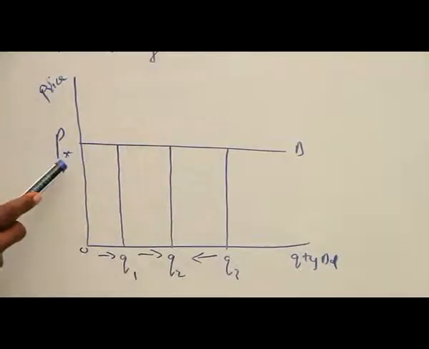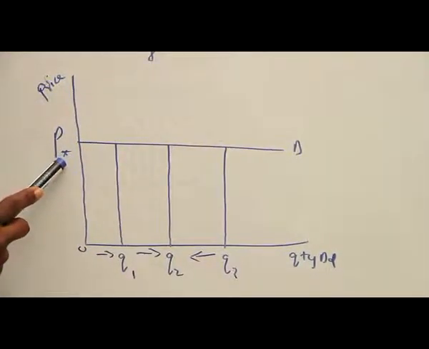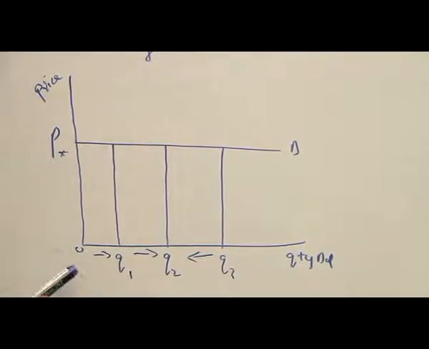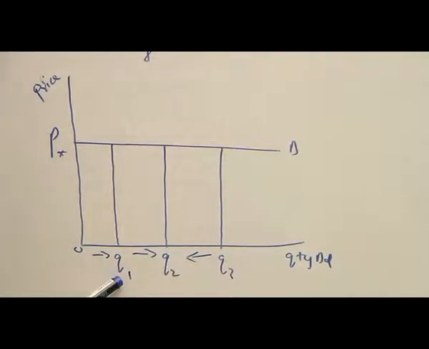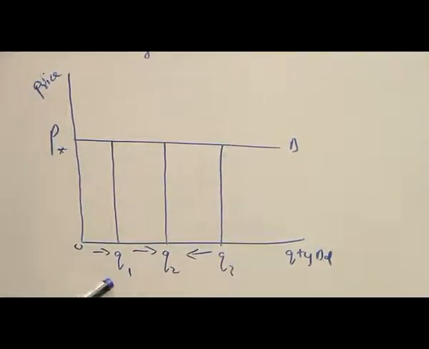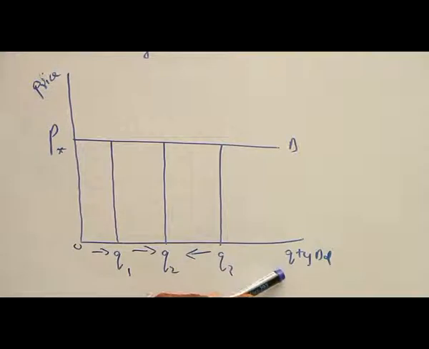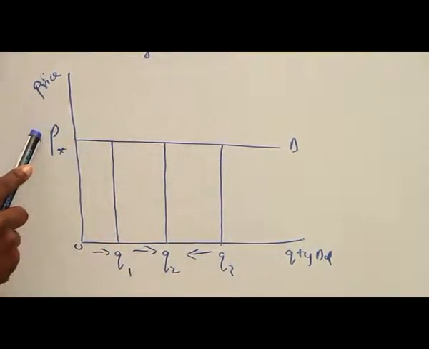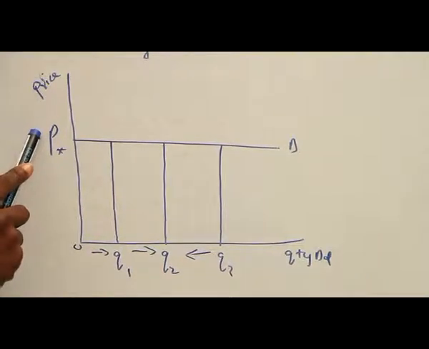The price axis happens to have P star or P asterisk. But looking at the quantity, we have Q1, Q2, Q3. There is a change in quantity demanded where the price is constant. So we call it perfectly elastic demand.